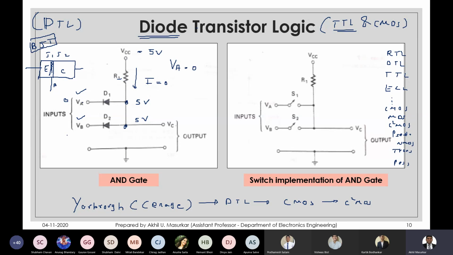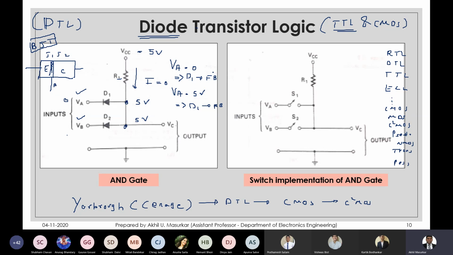Because of this, diode D1 will be forward biased. If VA is equal to 5 volts, then the potential difference between anode and cathode is 0. It should be at least 0.7 for D1 to be on. That is why we say D1 is going to be reverse bias.